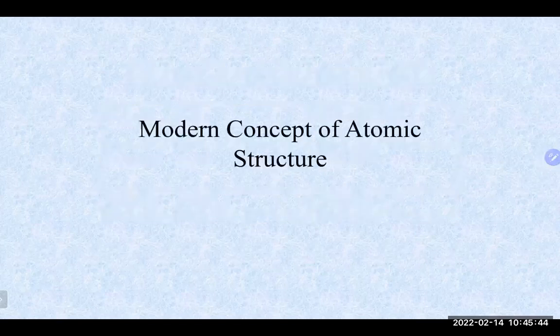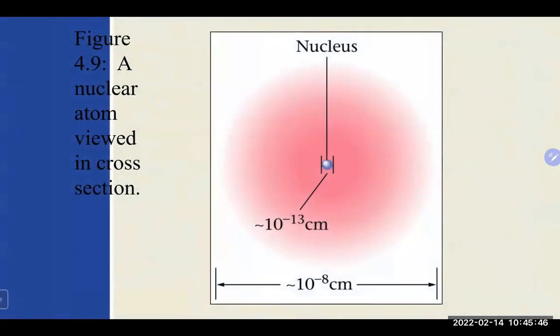All right, so our modern concept of the structure of the atom, here's a much prettier picture. This is our nucleus here, which is really small. That is our positive charge, and most of the mass of the atom is found there. This is what is sometimes referred to as the electron density map.